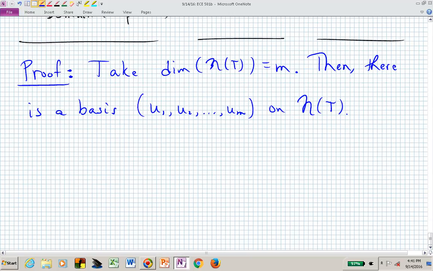Now, to be non-trivial as far as this statement or proof, let's assume that m is not the same as the dimension of our input vector space. Let's assume m is less than that. And what do we know about basis vectors? u1 through u sub m is a basis for a subspace of our input vector space.